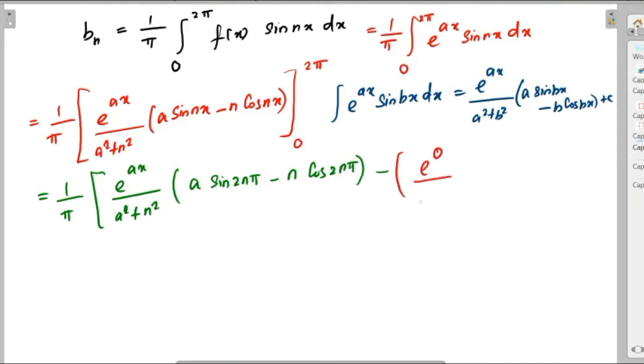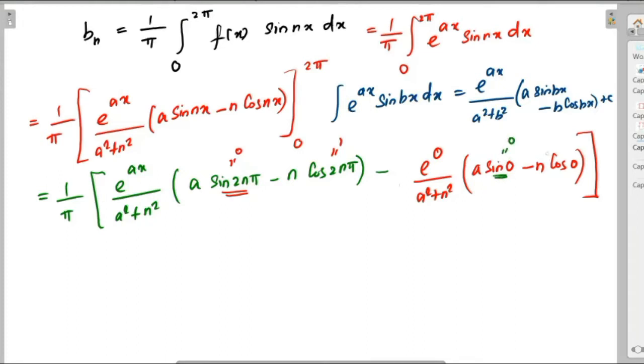So e power 0 divided by a square plus n square into a sin 0 minus n cos 0. Now you can apply, that means sin 0 is 0 and cos 0 is 1.